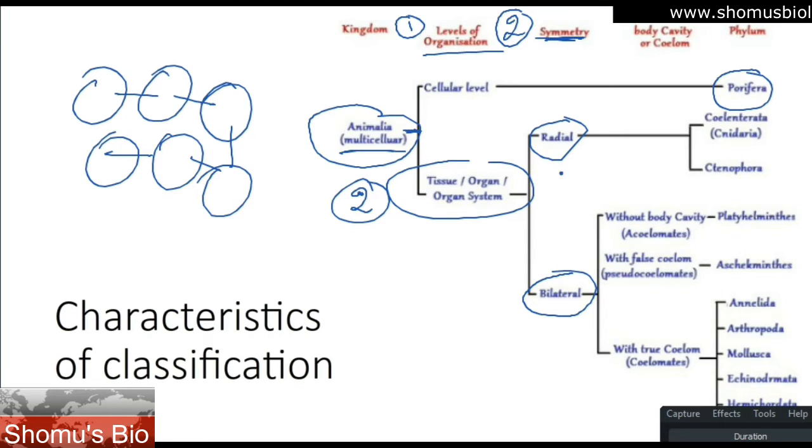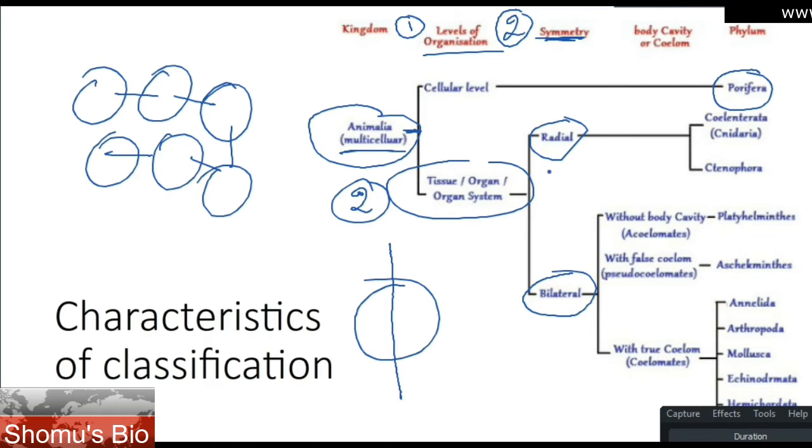Bilateral symmetry is very easy to understand. If we slice it through the center axis, it will produce a mirror image of the organism, the left side with the right side, while radial symmetry is not like that. If we separate them from the middle, the structures will be different on both sides.